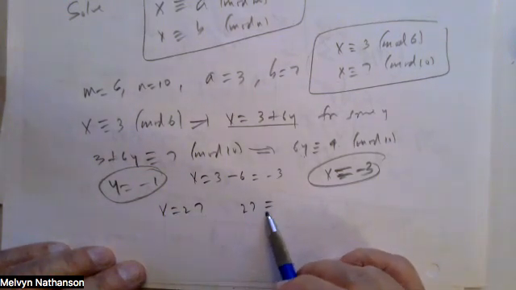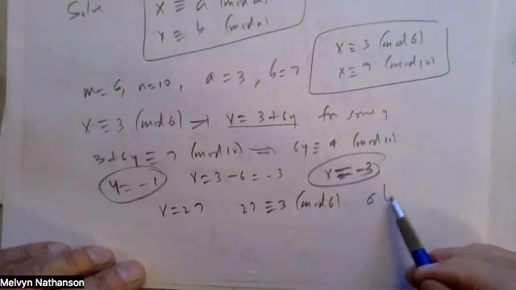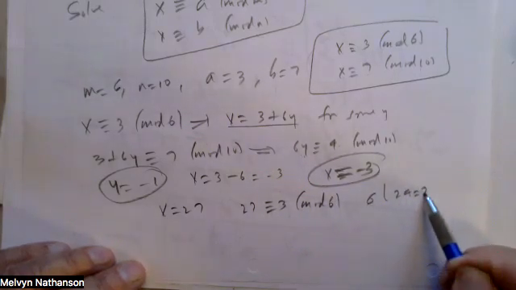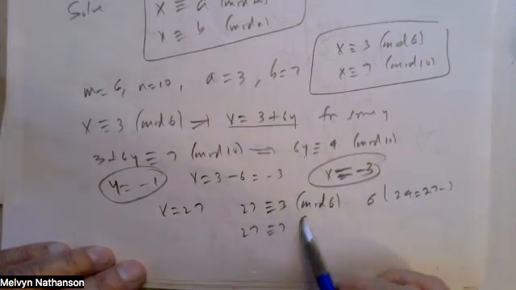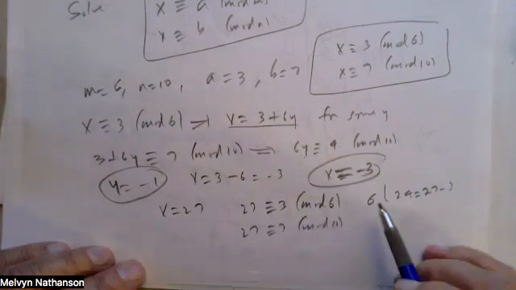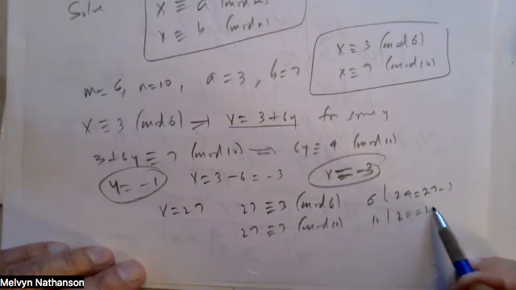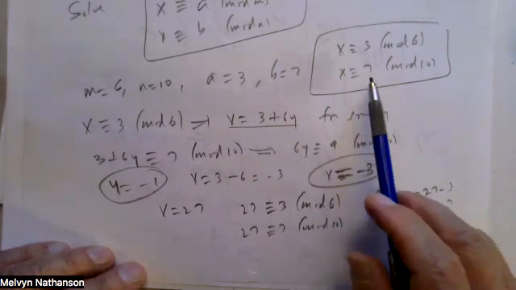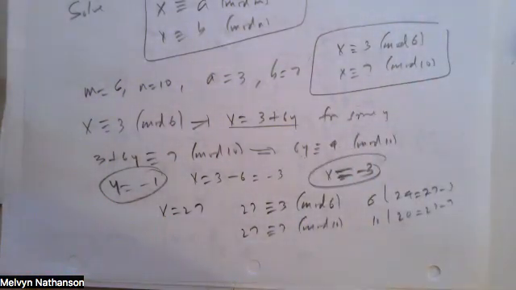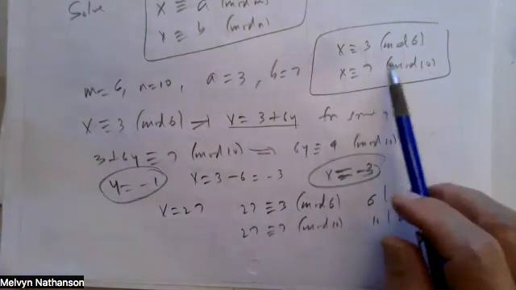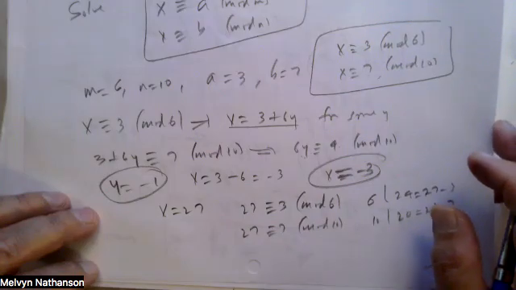Of course, 27 is congruent to 3 mod 6. 6 divides 24, which is 27 minus 3. And 27 is congruent to 7 mod 10, because 10 divides 20, which is 27 minus 7. So this pair of congruences has a lot of solutions, mod 10. So this is an example of solving two congruences.